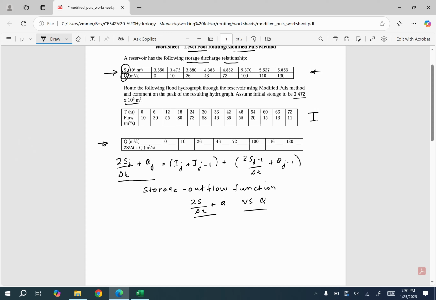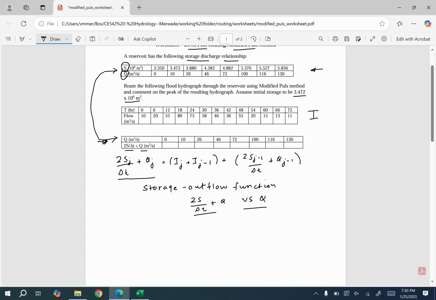The Q values that you see here are the same Q values that are given to us. Now we are going to calculate 2S over delta t plus Q by using the storage discharge relationship. I'm going to do this for one or two values, and then you will know how to do it, and then we will see how to do this in Excel also. The initial Q is 0.